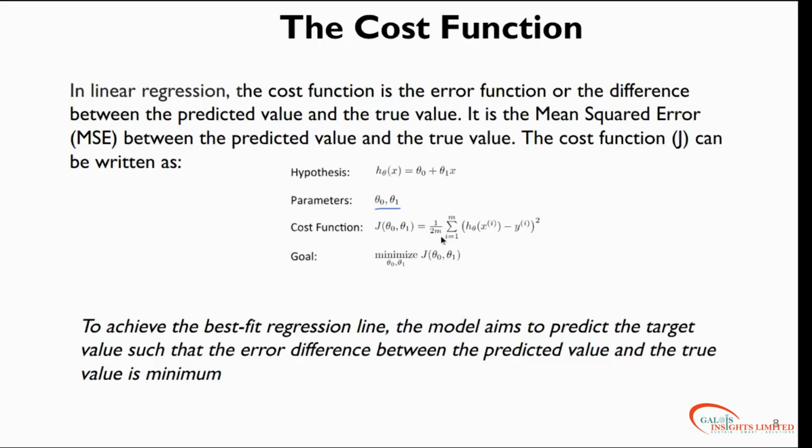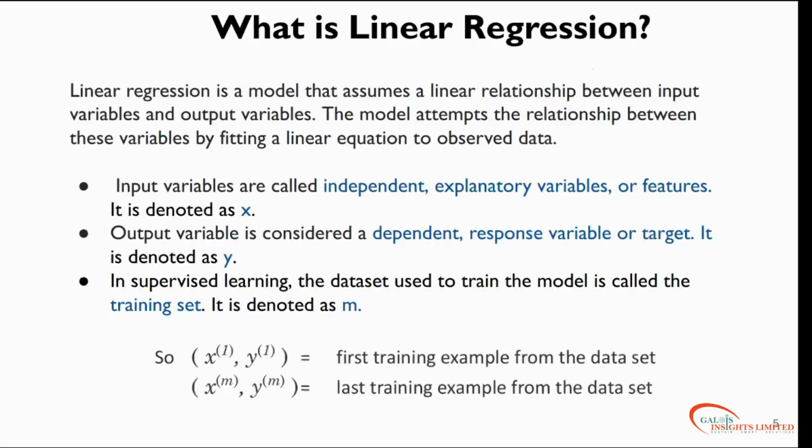The M simply stands for the samples, the total number of samples that we have. I said earlier that in a supervised learning process, which is a subcategory of machine learning, the data set used to train the model is called the training set.